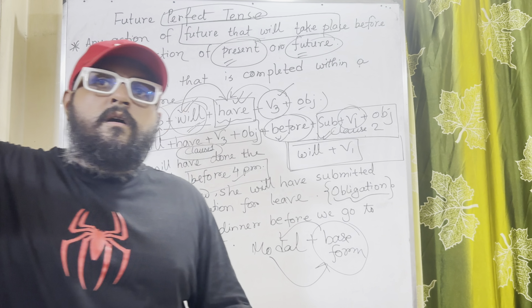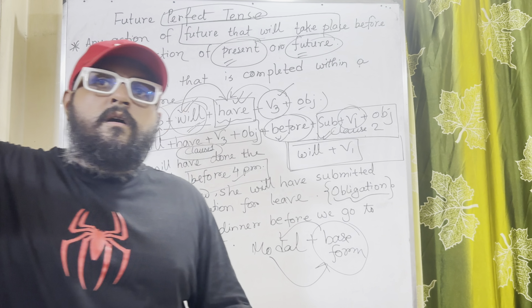So the sentence goes: as of now she will have submitted her application for leave. It's a very strong prediction about the future that she will have done the work of submitting the application.